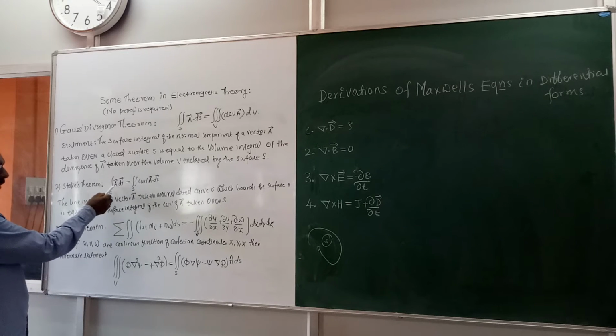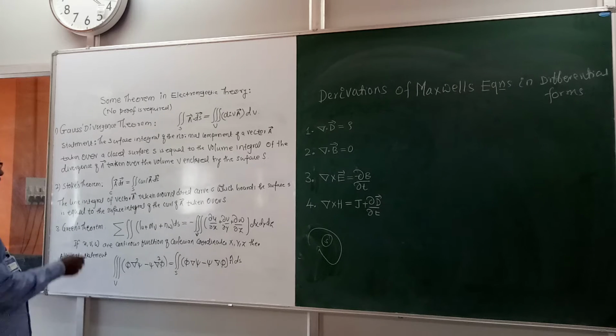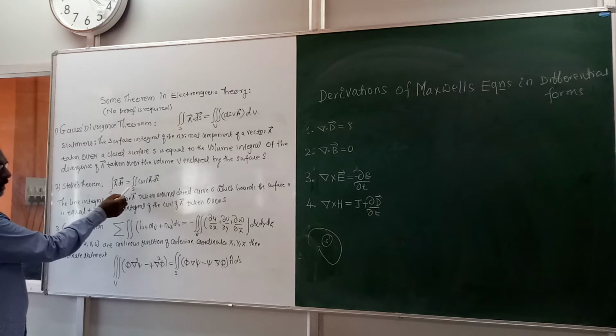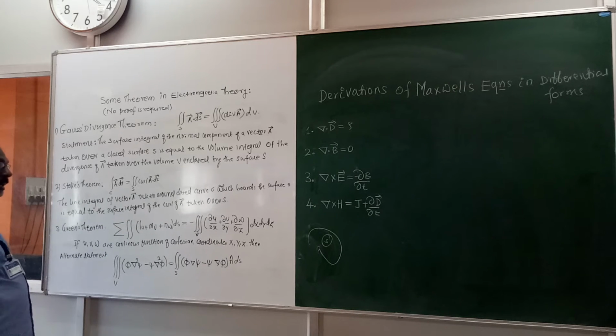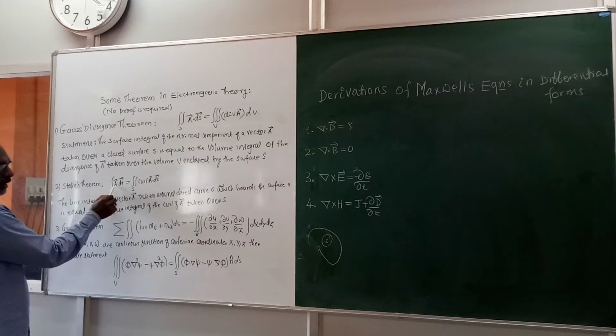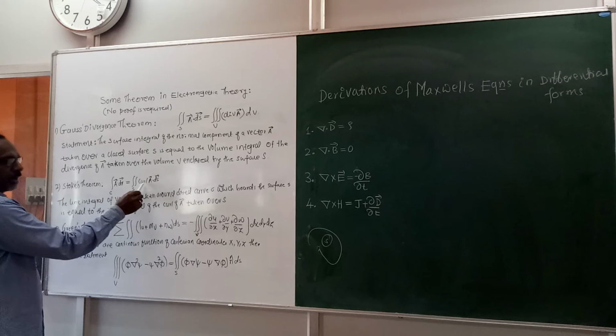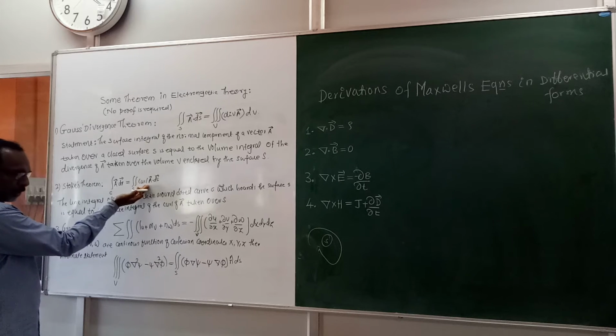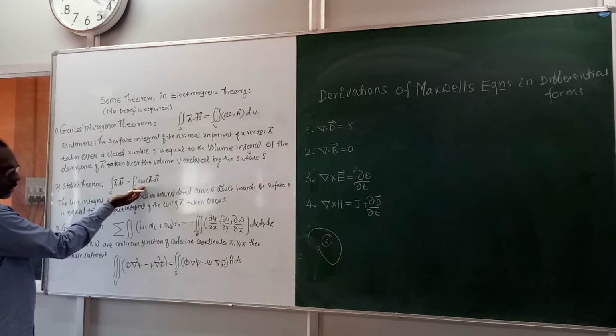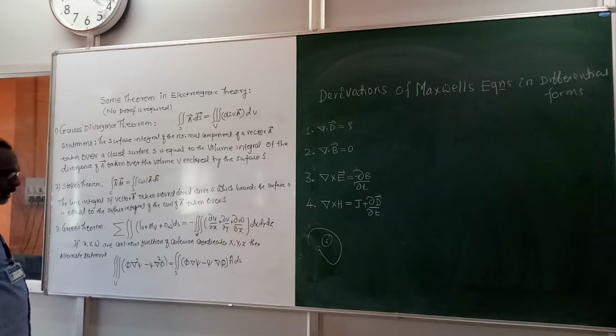Whenever we take a vector A and find the line integral of that vector A around a closed curve which bounds the surface S, it equals the surface integral of the curl of the vector. Here we are finding the curl of a given vector. We can show this by proving that LHS is equal to RHS or RHS is equal to LHS.